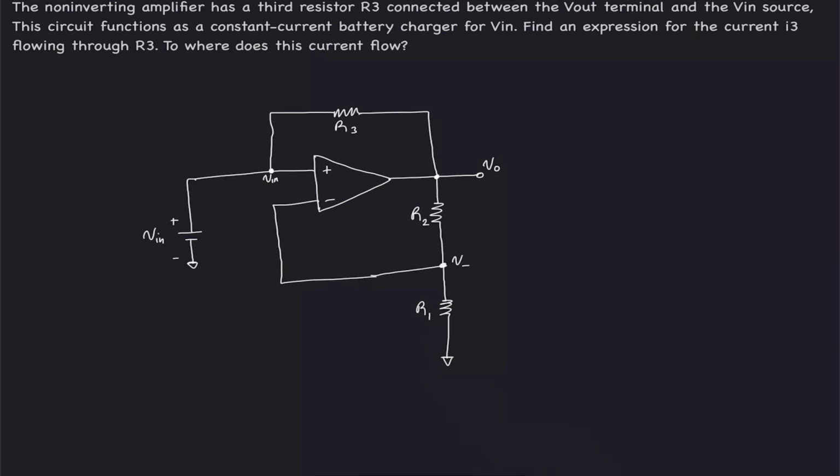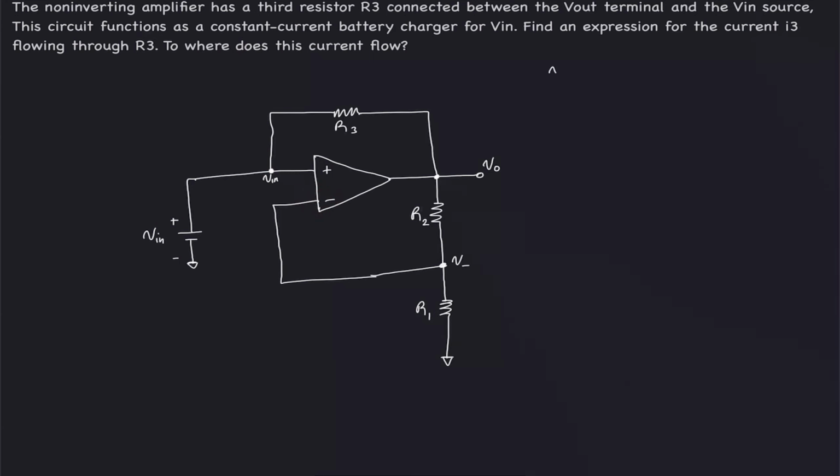In this case, we're dealing with an ideal op amp, so it operates in the linear region. Provided there is negative feedback, by virtual short, we can assign the voltage at the V plus terminal to V minus.